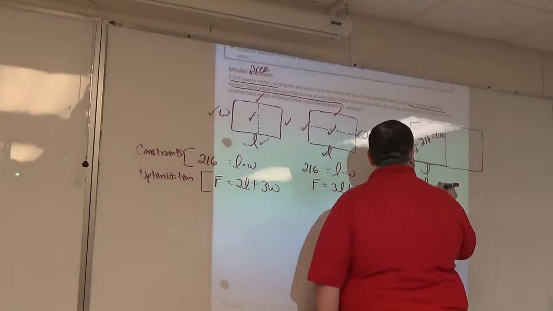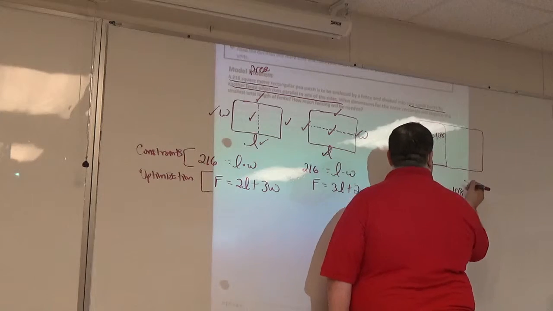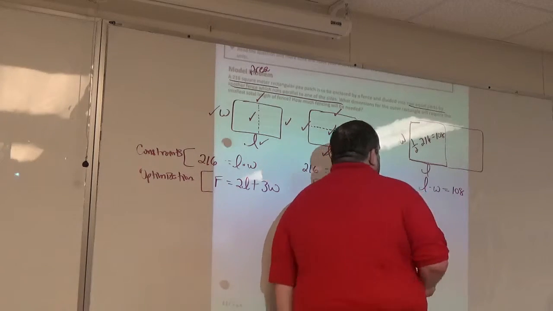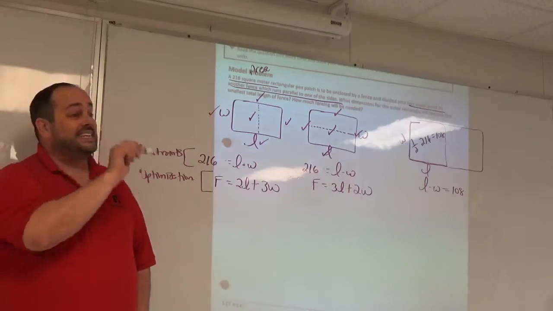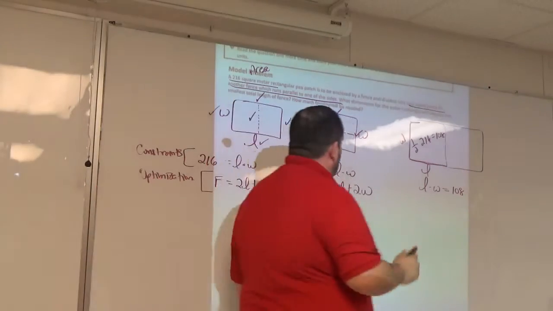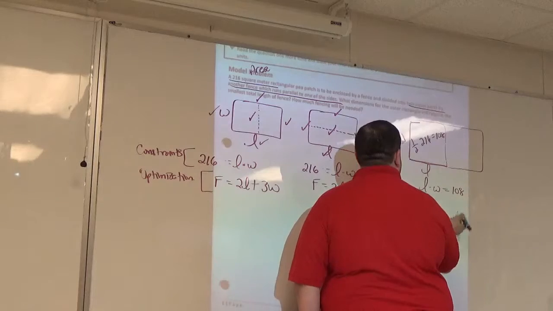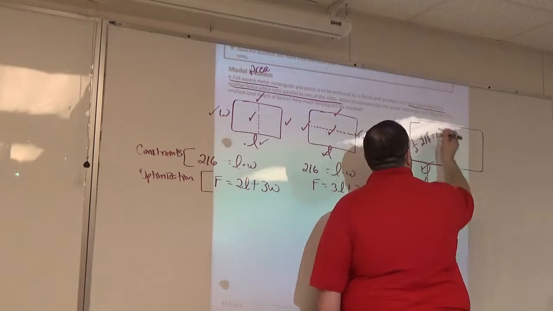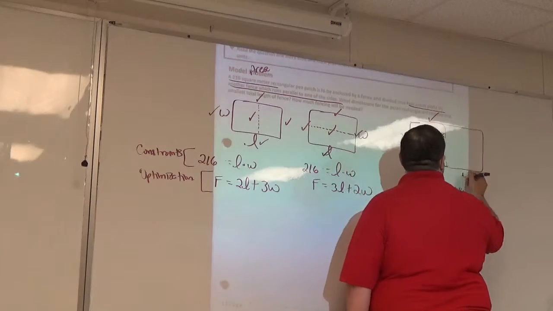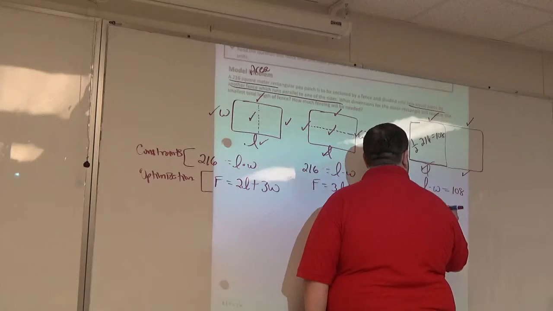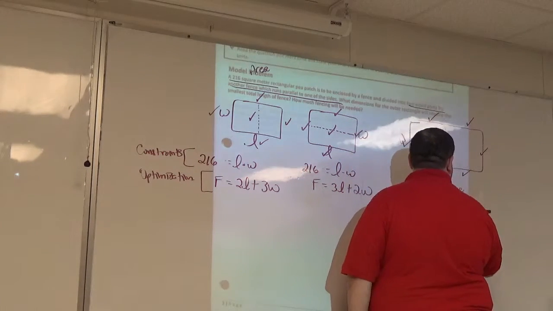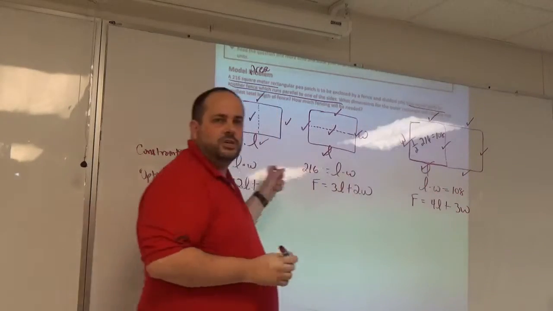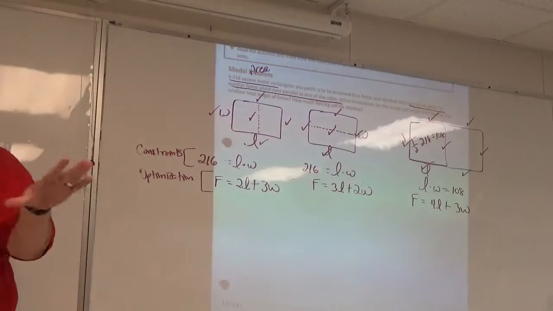And so there might be somebody in the room working with L times W equals 108, but then you've got to be careful with your fencing equation, because your fencing still has to go all the way around. Your fencing then, you've got an L, and an L, and an L, and an L, plus a width and a width. All three options, totally valid.